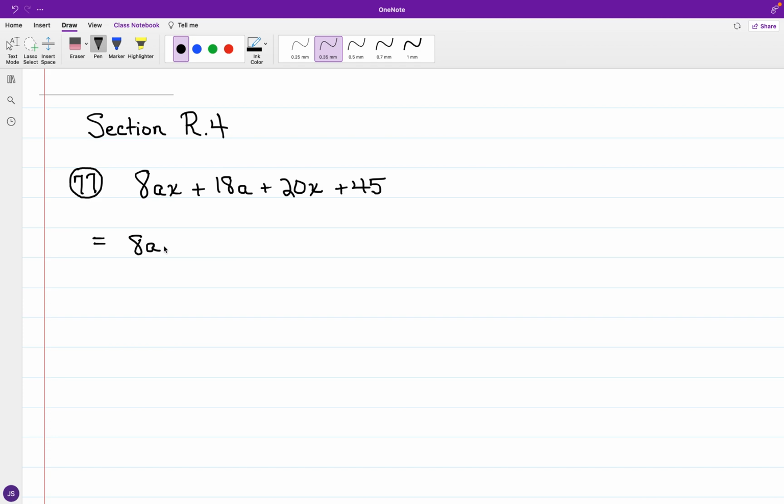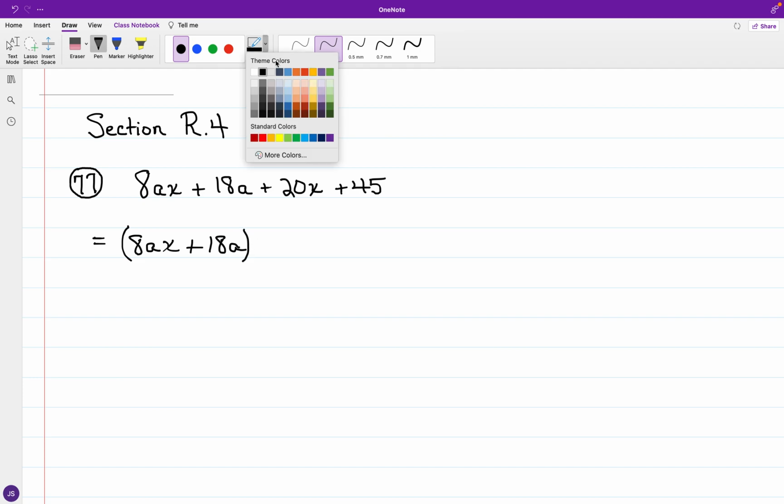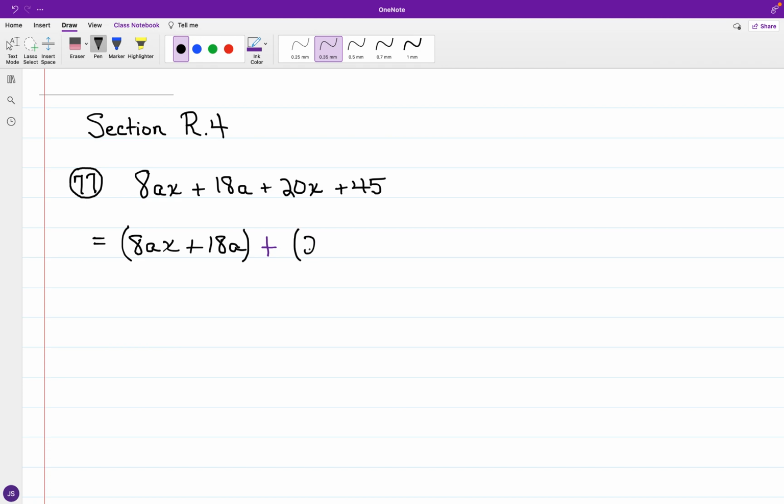So you have this first pair at the front. And we have at the center the operation between the first two and the last two terms to be addition, and grouping together the last two terms, which we have to be 20x plus 45.